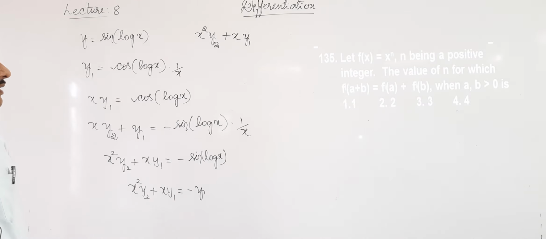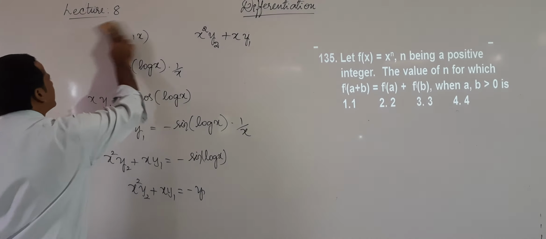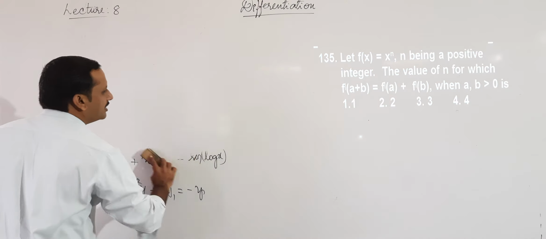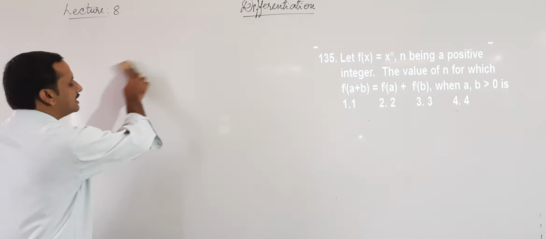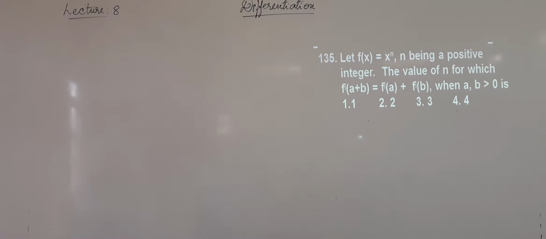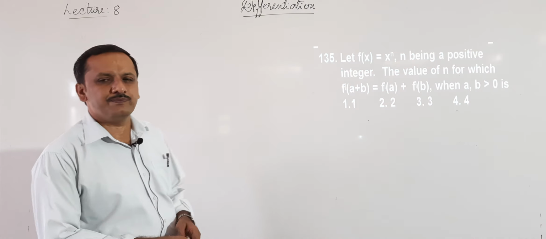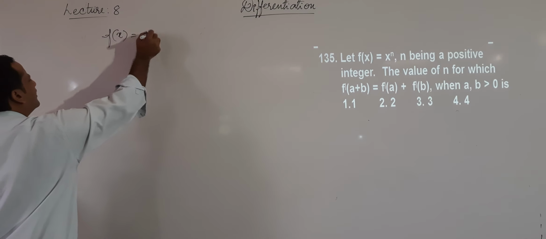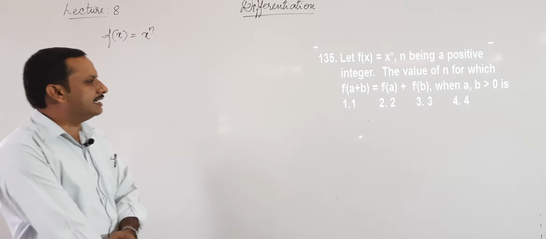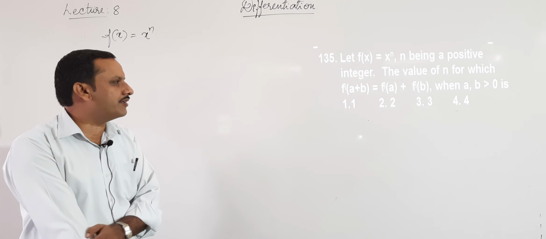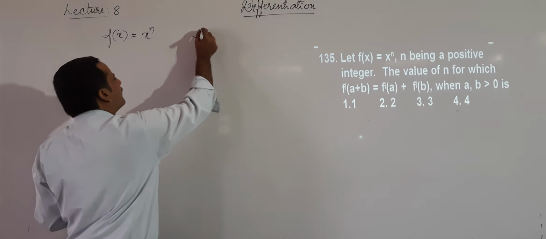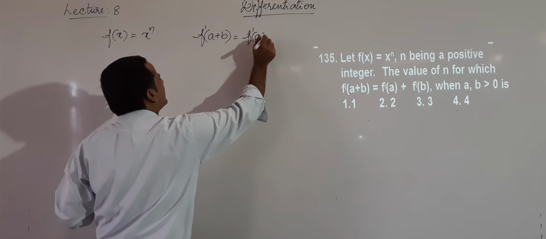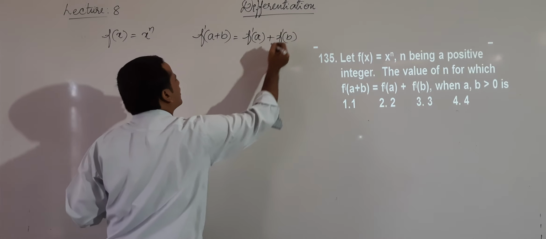Next, 135. Let f of x is equal to x power n, n being a positive integer. The value of n for which f dash of a plus b is equal to f dash of a plus f dash of b, where a and b are positive, is asked.